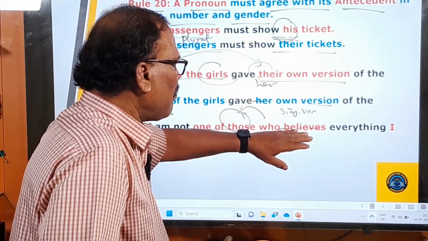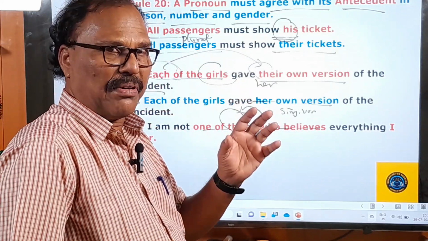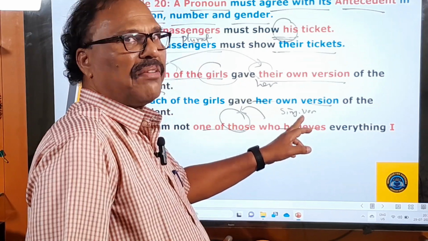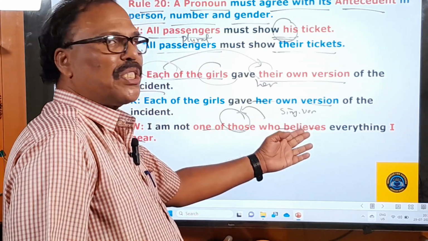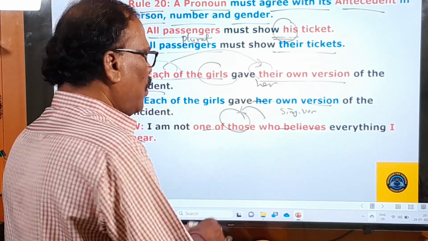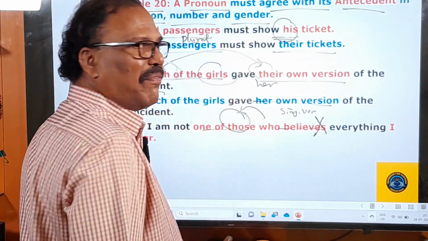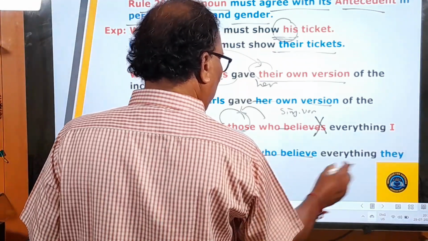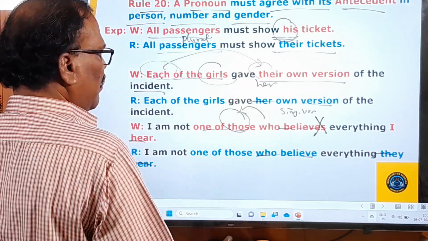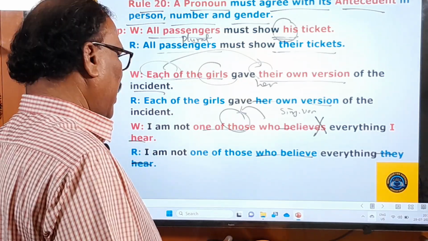Here, believe is the plural verb. If you add "s" to that, it becomes a singular verb. But here "those" is a plural word, and therefore there must be a plural verb. That means you must drop this "s" after the verb. Who believe, and "they hear"? I hear, you should not say they hear, right?